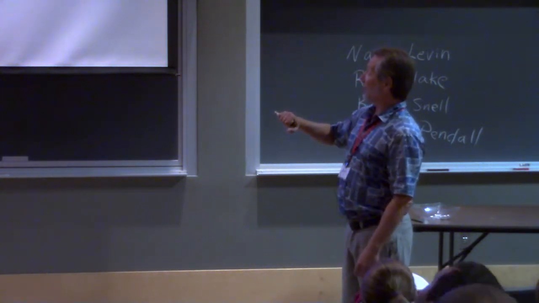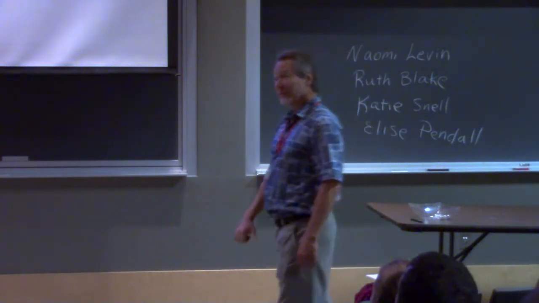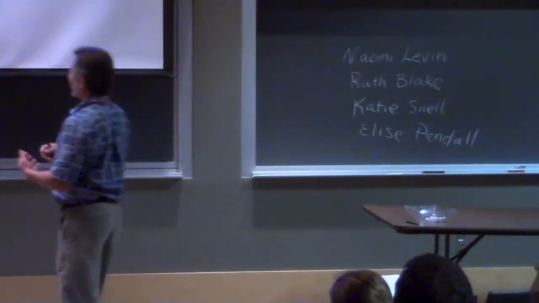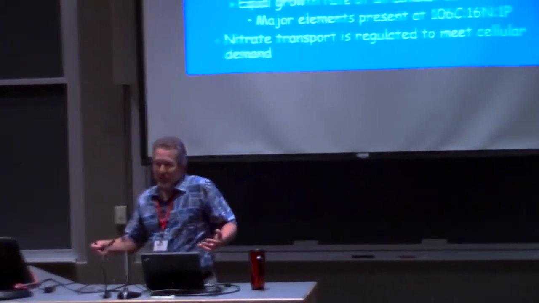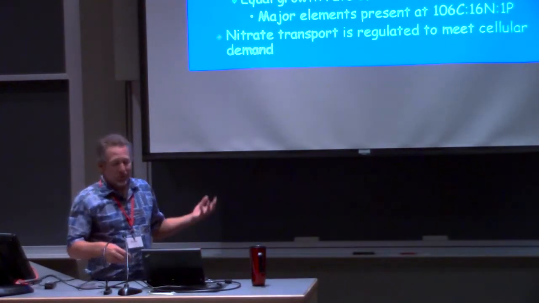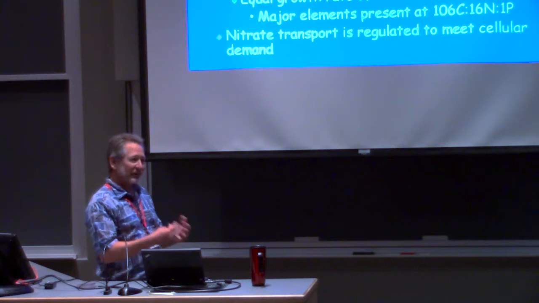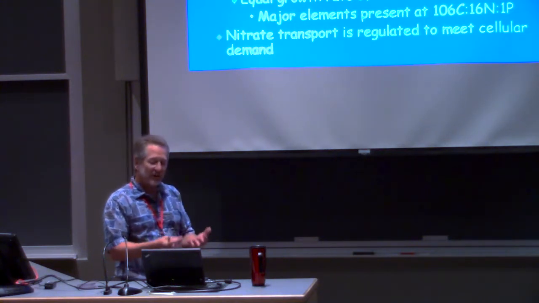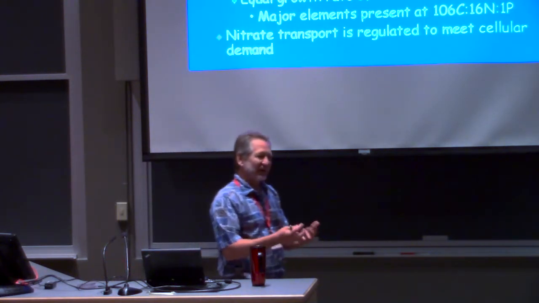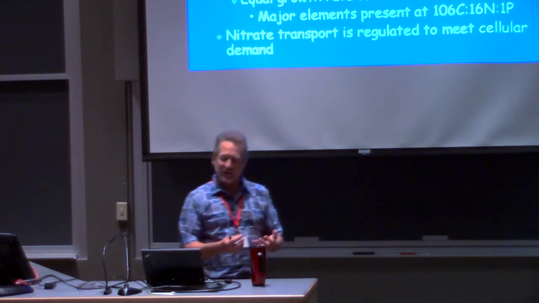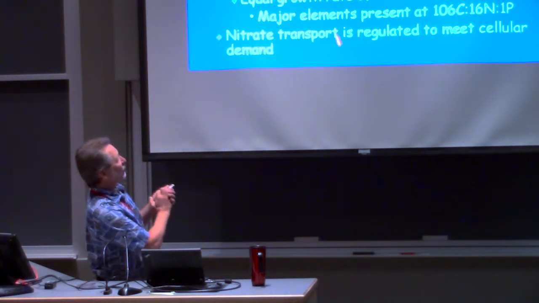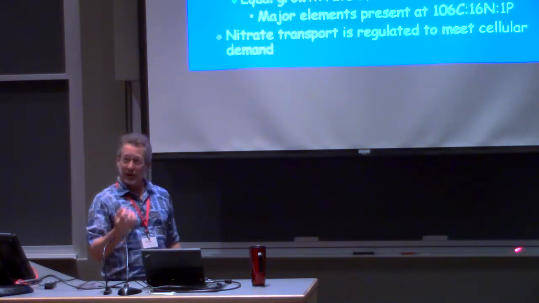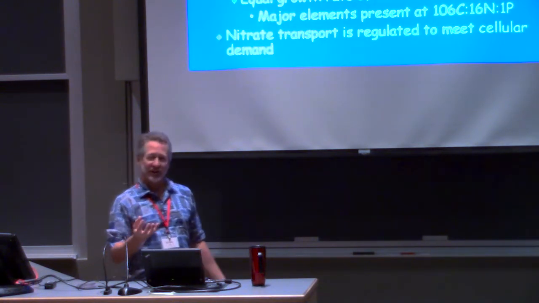So we have equal rates of all cellular constituents, this balanced growth, and it maintains this major element ratio of 106 to 16 to 1. It's one of the major reasons why this Redfield ratio exists and is constant across the ocean. This nitrate transport into the cell is being regulated by the cellular needs.